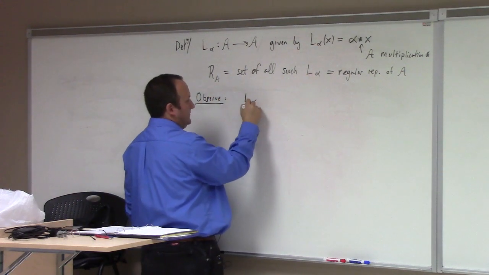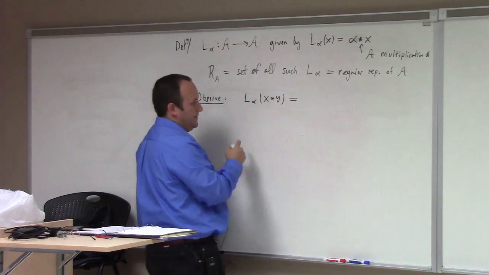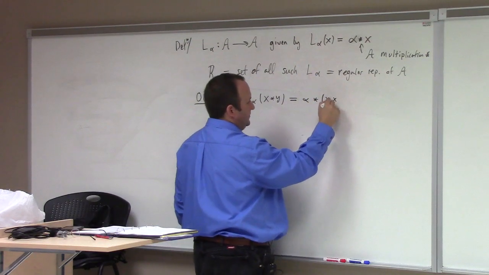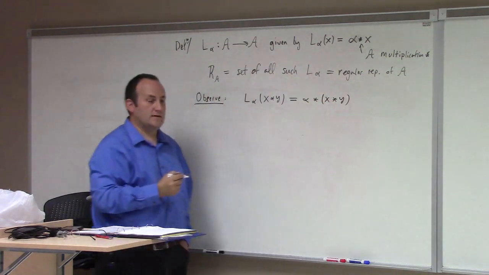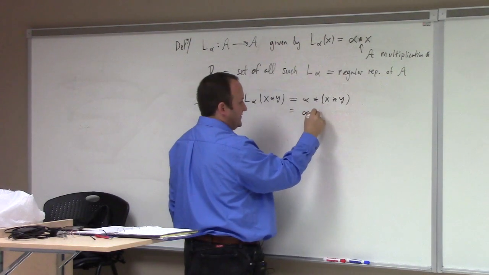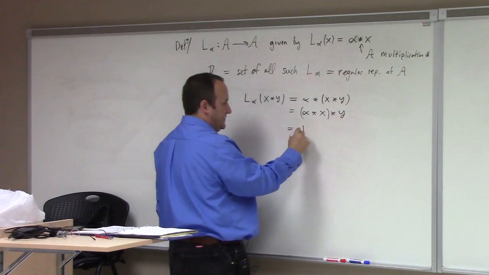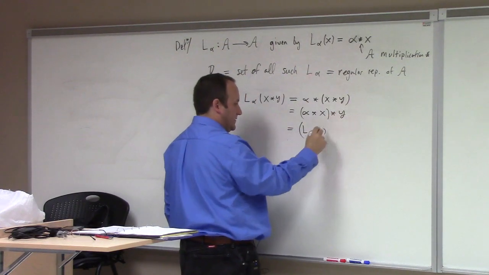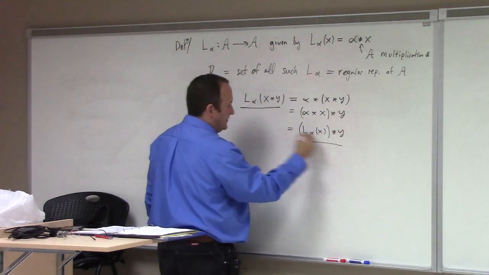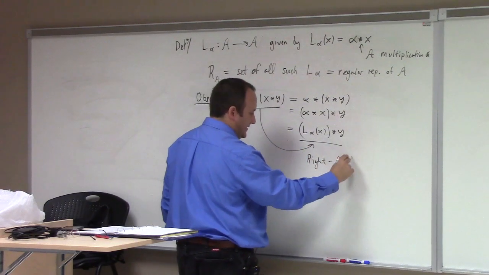If we have L alpha of x times y, that means alpha times x times y, but then by associativity of the algebra, we can rewrite that as alpha times x times y, right? And what that is, that's L sub alpha of x times y. So this property, going from here to here, this is what I call right A linearity.